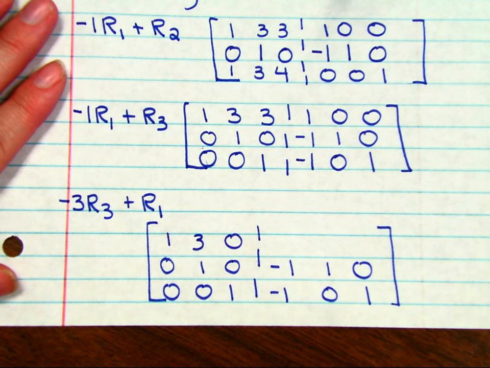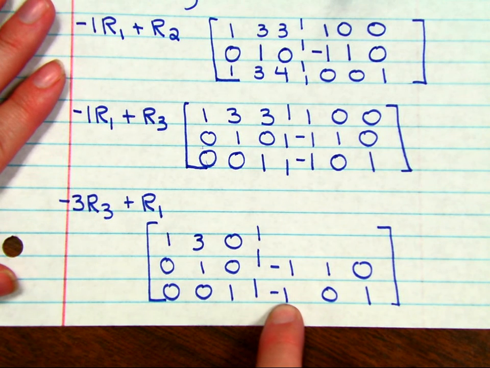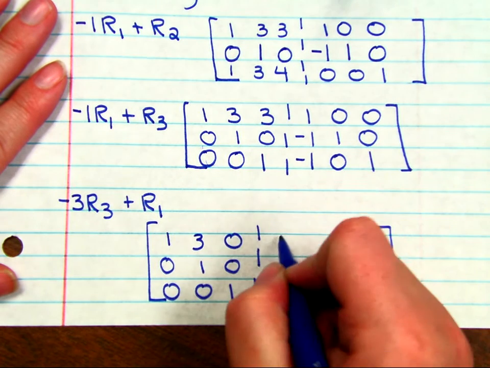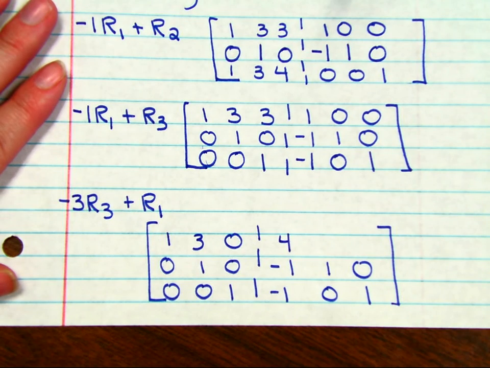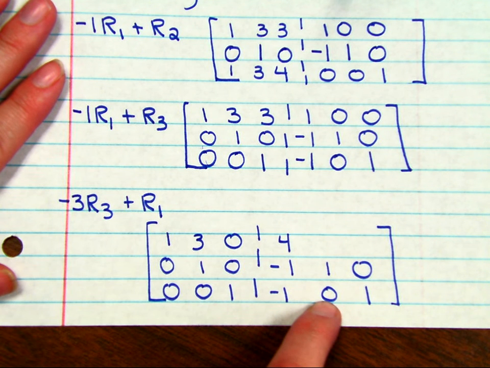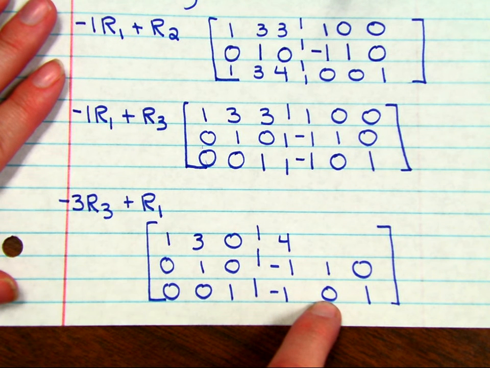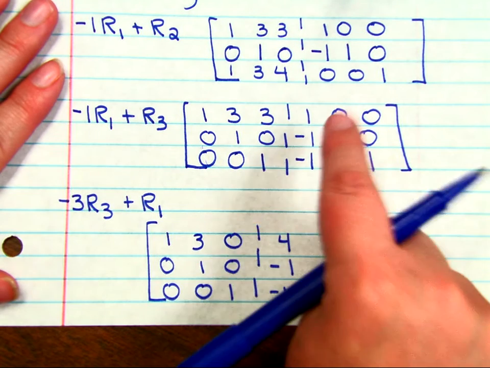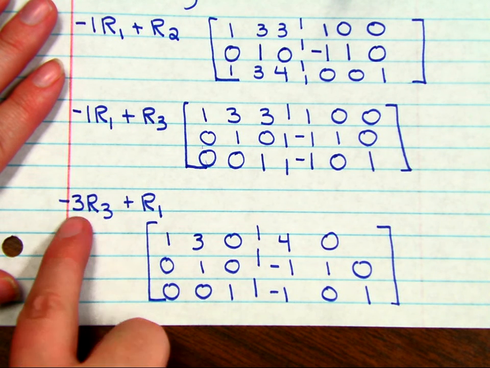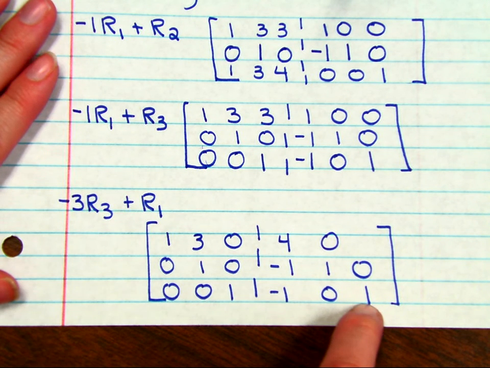Negative 3 times a negative 1 would be positive 3, plus the 1 I already have there would make this entry 4. Negative 3 times 0 would be 0 plus 0 there. This would be a 0. Negative 3 times 1 would be negative 3 plus the 0. This would be a negative 3.